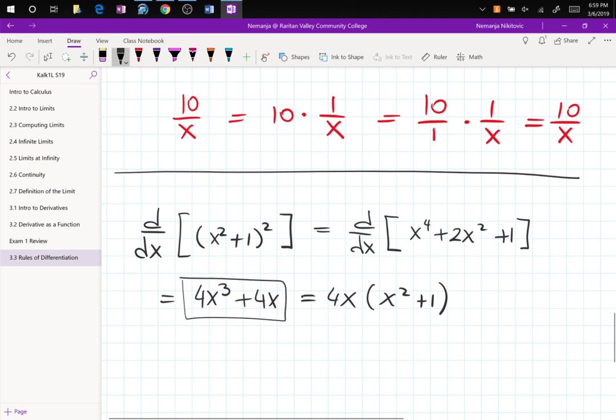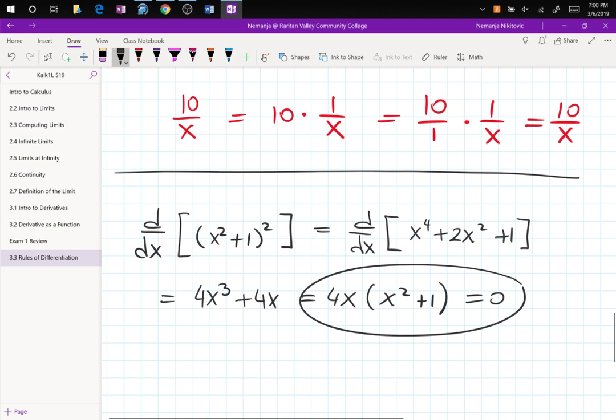When you present the answer, if the answer can be factored, you should factor it every time, because chapter 4 is coming. All right? In chapter 4, all of these problems become a first step of a much larger problem. And in that larger problem, you will have to set this equal to 0 and solve the equation.